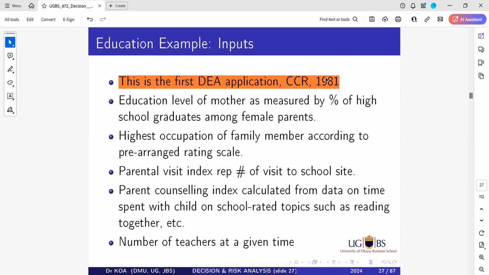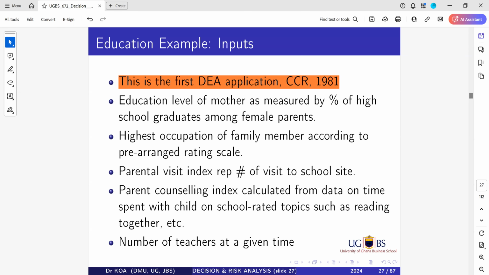And then in 2006, they did the pseudo-MAMCOS on this. And in this paper, the level of education was measured as a high percentage of school dropout among females. So educational level was quantified. The highest occupational level of the family member was quantified. The number of times a parent will visit the student would determine the outcome of the result of the student.